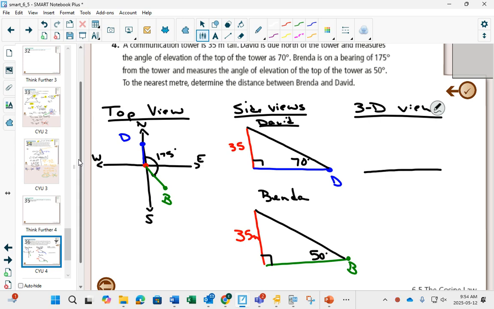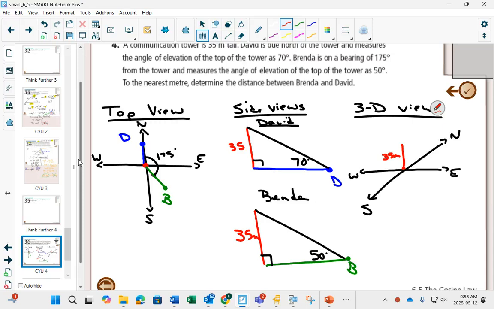So I still have my west and my east on there, but then at an angle, I put north and south. Can you see that that's still 90 degrees, but it's like a three-dimensional view where this is like put down on a table? And then have your tower, which is 35 meters, come straight out of the top of that.